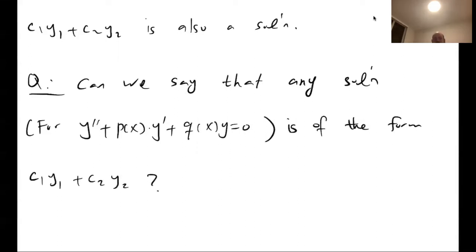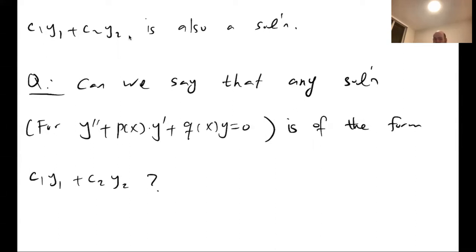So we know that C1 Y1 plus C2 Y2 will be a solution, but can we say any solution will be of this form? In other words, the solutions that we get this way by considering C1 Y1 plus C2 Y2, do they generate all solutions, or just some parts of the solutions? We could have other solutions other than the form C1 Y1 plus C2 Y2.